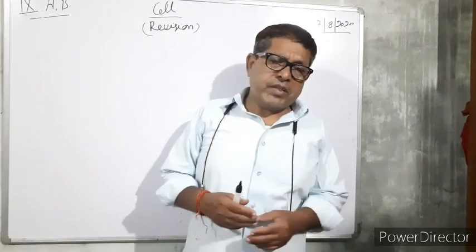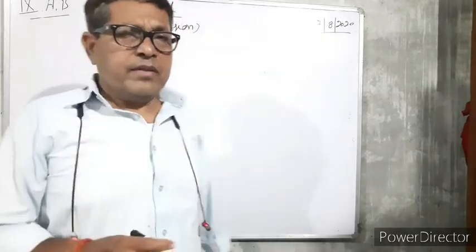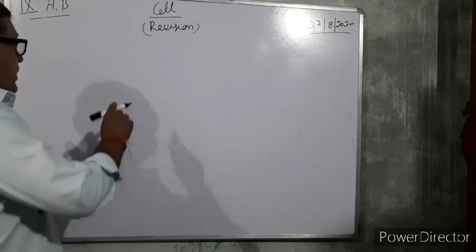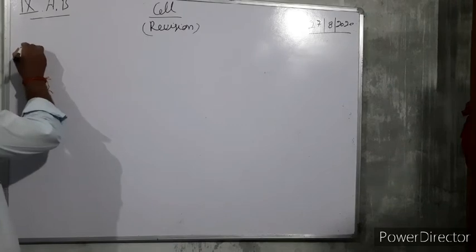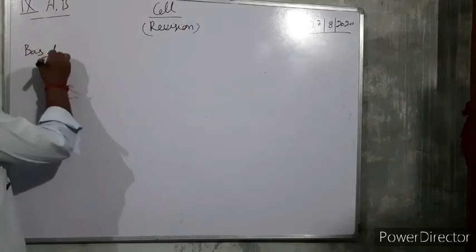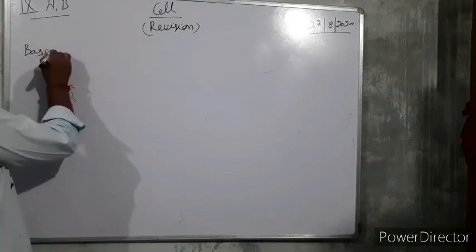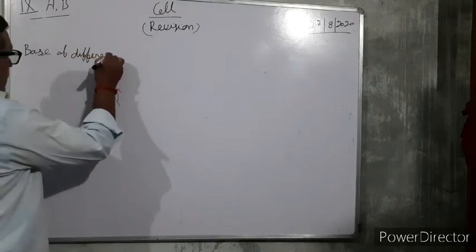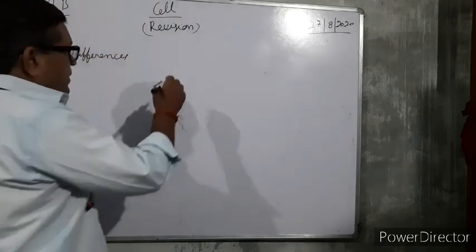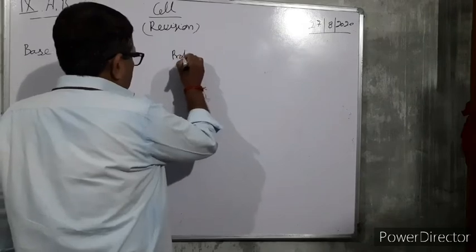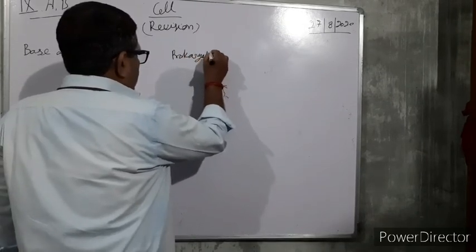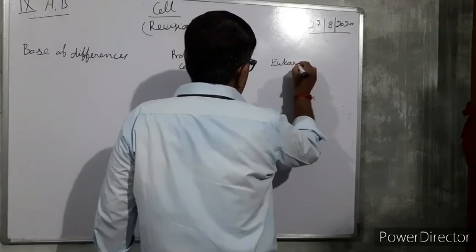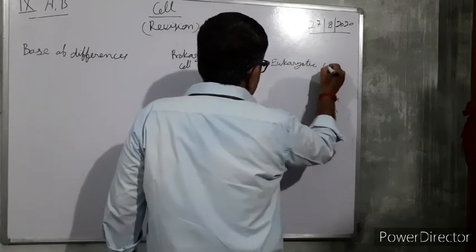So today we are going to start the revision, in which the first one is the difference between the prokaryotic and eukaryotic cell. We have studied this.